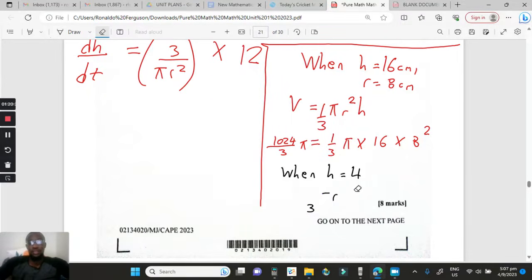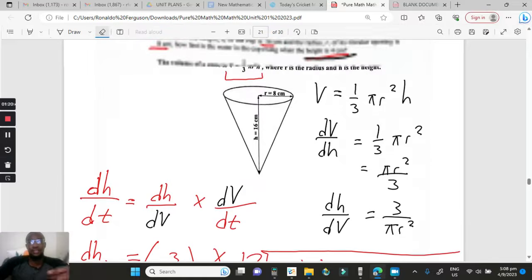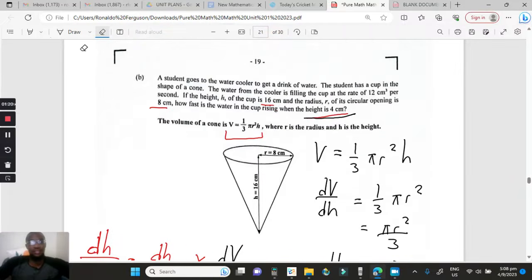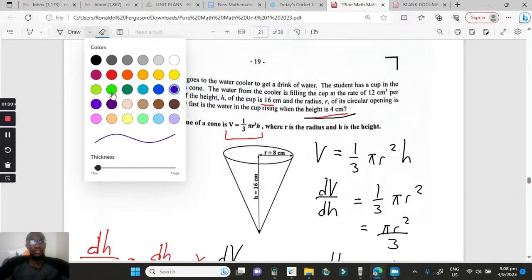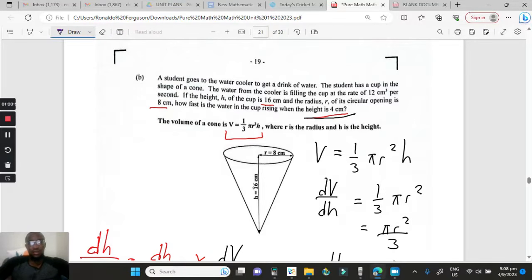When the height is 4 centimeters, let's look at it again. We're focusing right here when the height is 4 centimeters. My bad, this whole thing is 16. So right here would be 4. We need to find what this radius is.